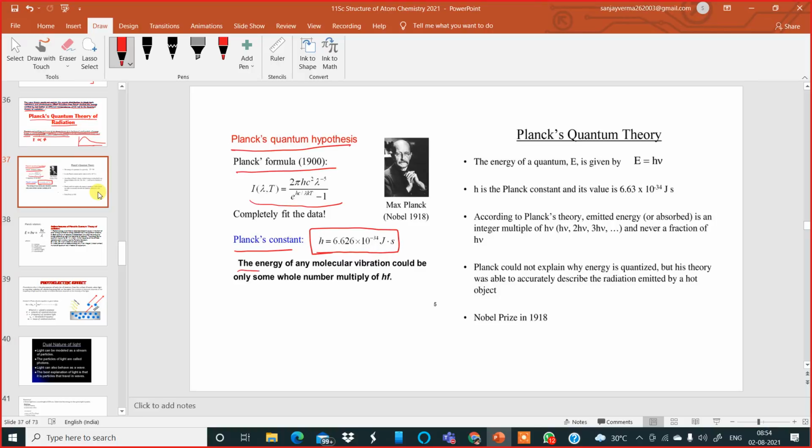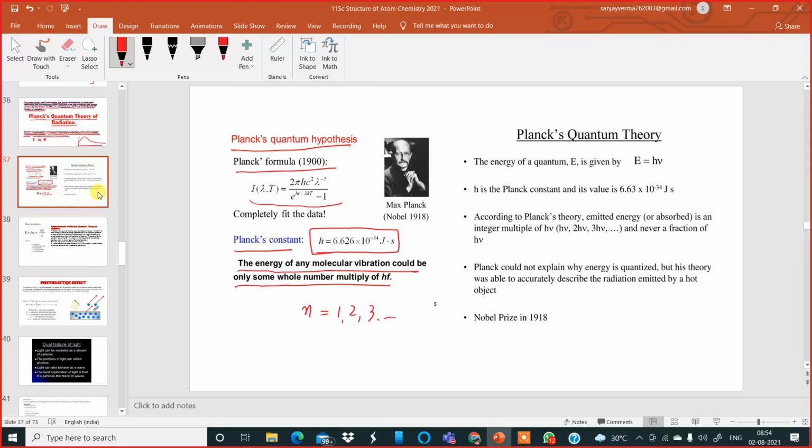Now, the energy of any molecular vibration could be only some whole number multiple of hv. Okay, if we have n as 1 or 2 or 3, these are integral multiple whole numbers. So energy of any molecular vibration will be in packets, in simple whole number multiples only.